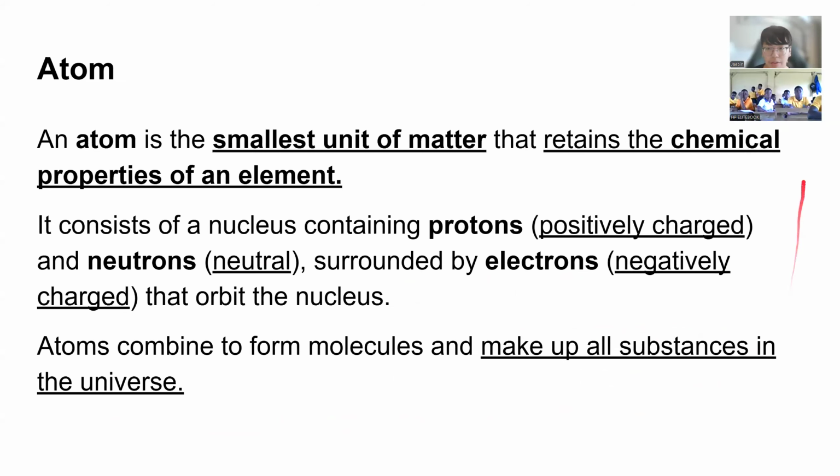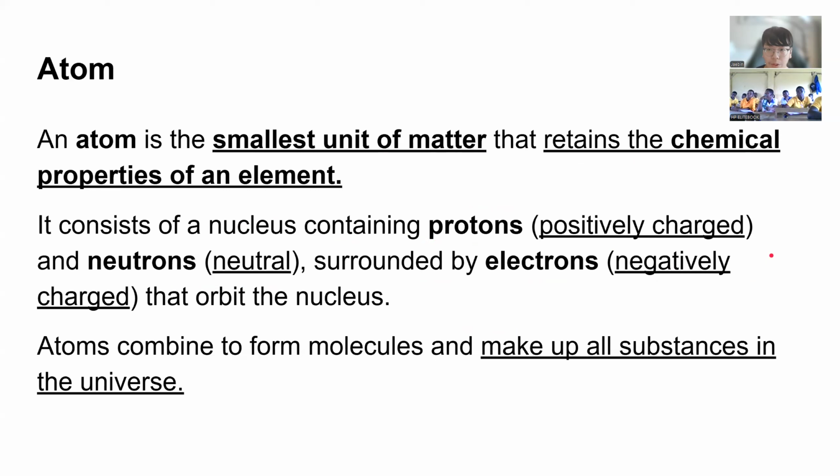Here, I have defined an atom to be the smallest unit of matter that retains the chemical properties of an element. It consists of a nucleus containing protons, which are positively charged, and neutrons, which are neutral in charge, surrounded by electrons, which are negatively charged.